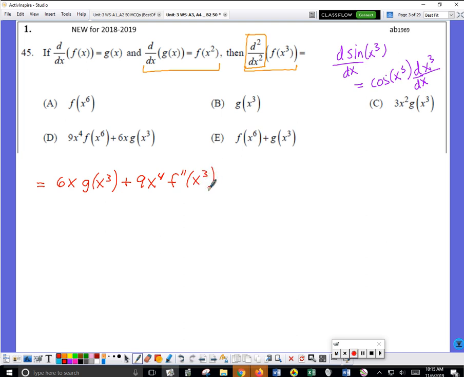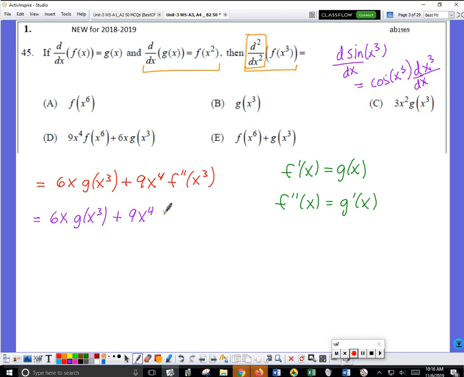So I know that up here, f prime of x is the same as g. So if I take the derivative of both sides of this, I get f double prime of x is the same thing as g prime of x. Questions to there? So here I can write 6x g of x cubed plus 9x to the 4th g prime of x cubed.